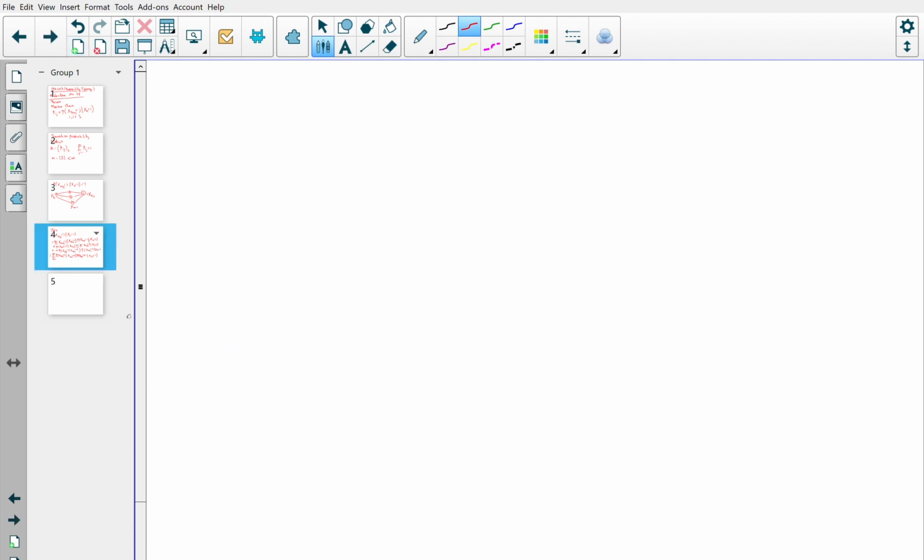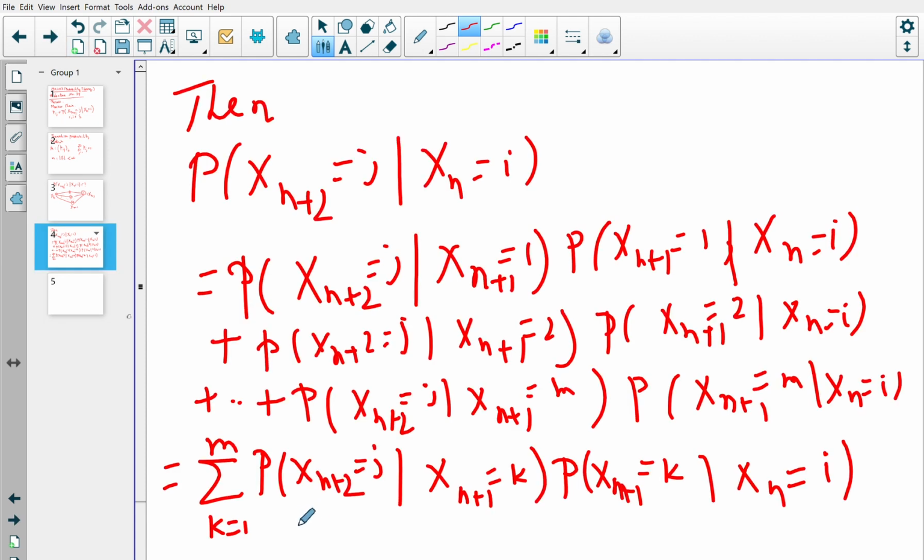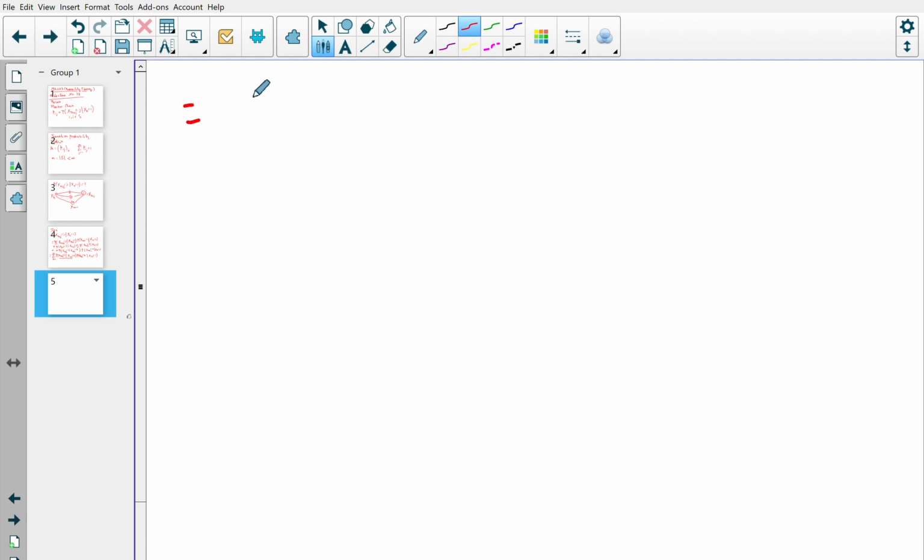By transition probability, going from k to j gives p_kj, and going from i to k gives p_ik. So the summation over k of p_ik times p_kj.